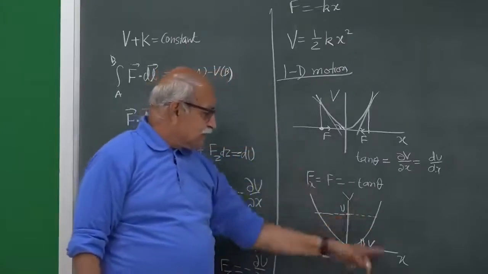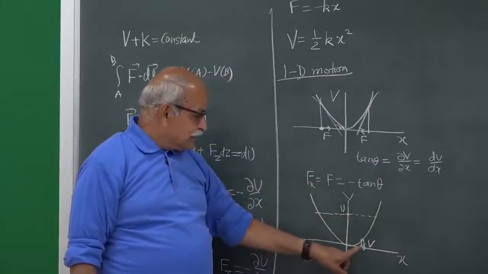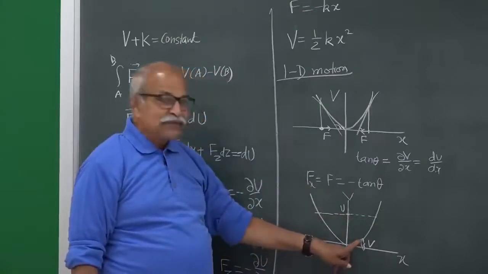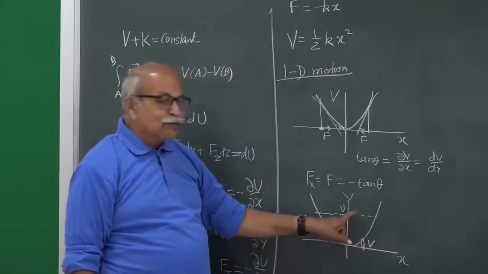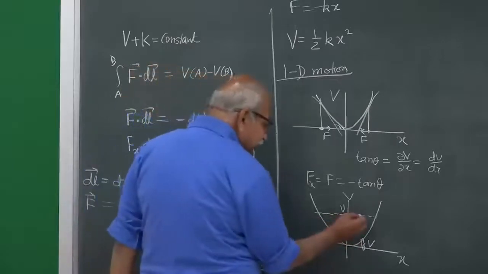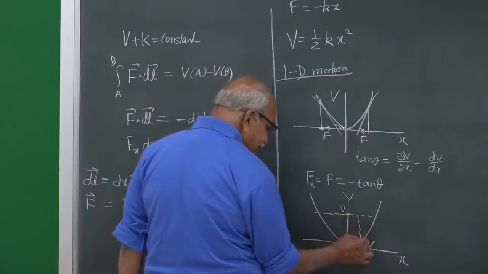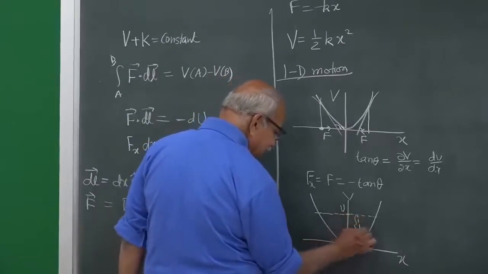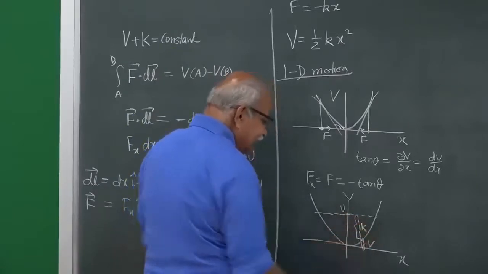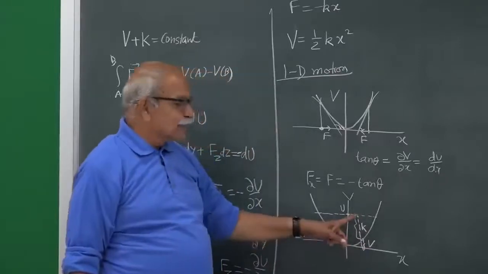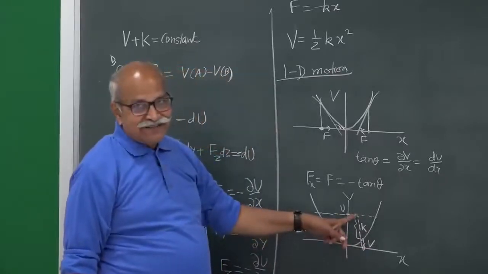As a function of x I am plotting potential energy. So, at this value of x, this is the potential energy, and this is the total energy, so this much is kinetic energy, and kinetic energy plus potential energy is the total mechanical energy.